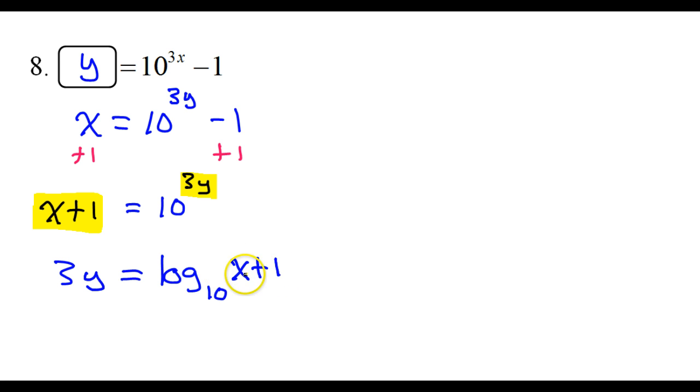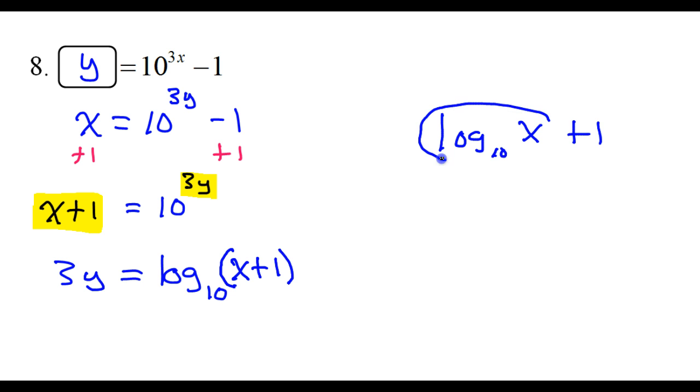Now, because it's a sum, it's a binomial, you really need to put this in parentheses. If I just wrote log of x plus 1, it would only be the log of x with an extra 1 added on later. So you have to put it in parentheses to show that it's the log of the x and the plus 1.